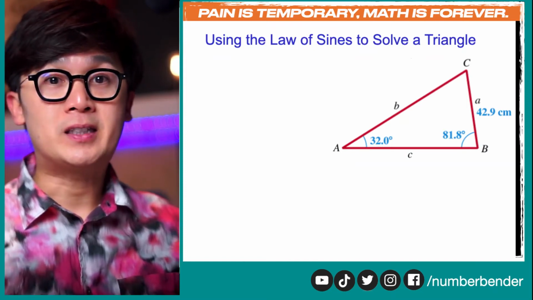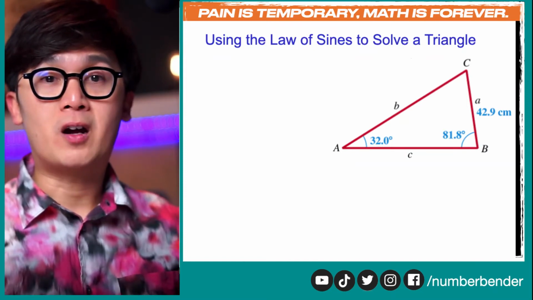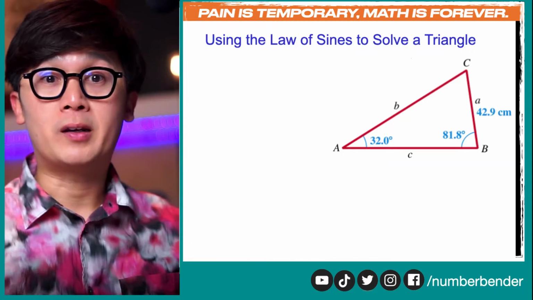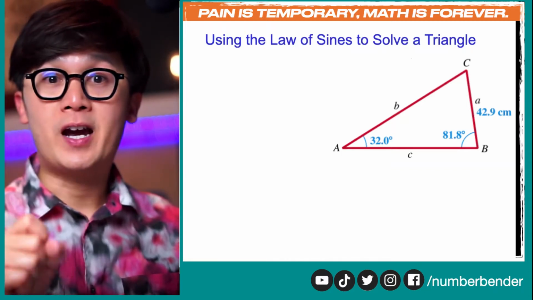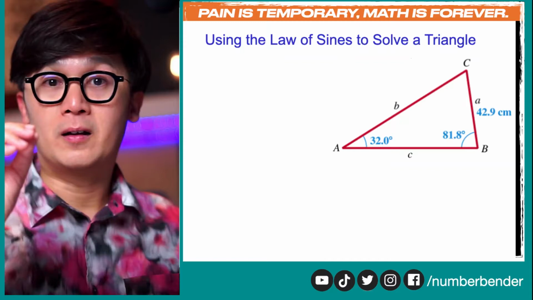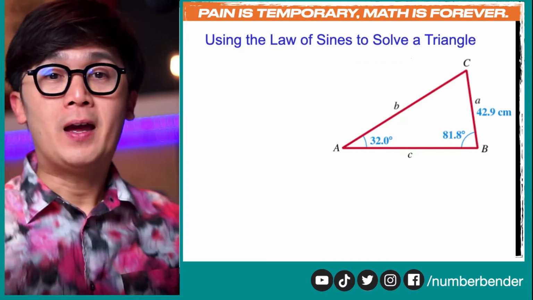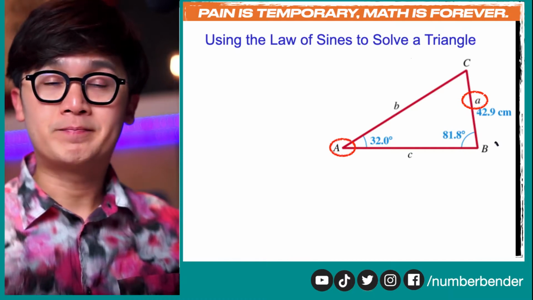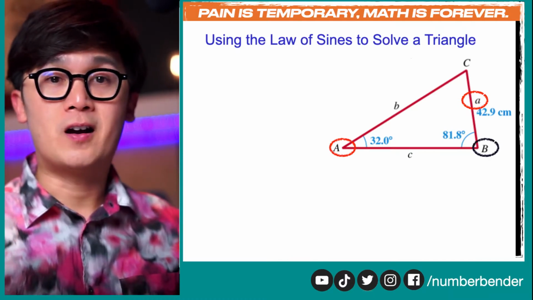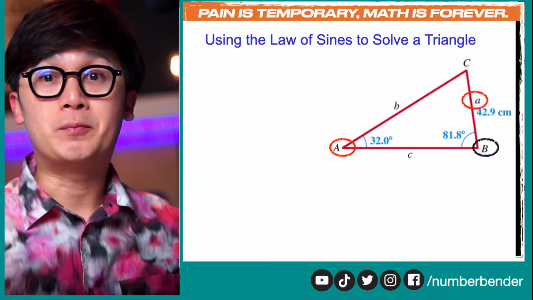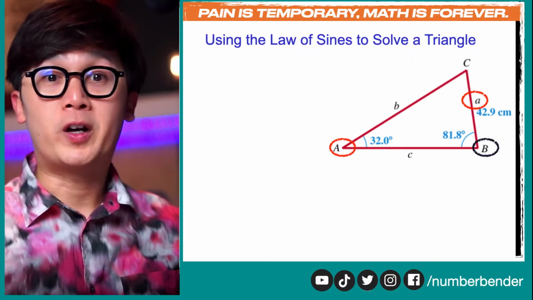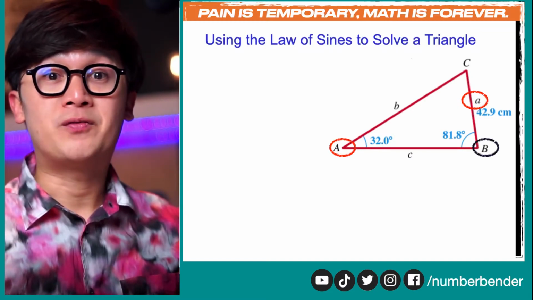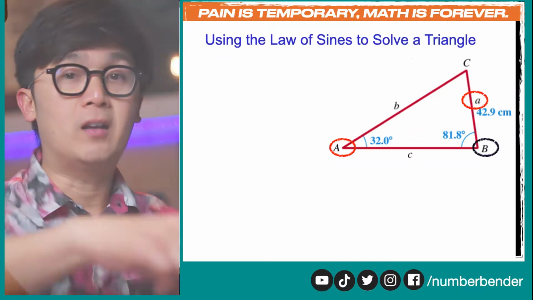Since we are given a side and its opposite angle, we're going to be using the law of sines, because here, A and a is a pair of opposite angle and side, and we can work out an equation that will help us find side b using the law of sines.